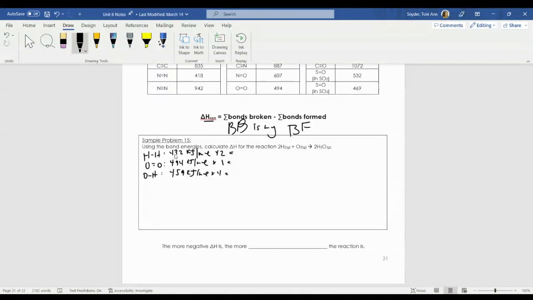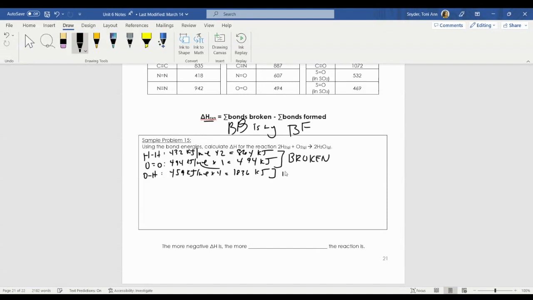So if I multiply all these numbers, 432 times 2 gives me 864 kilojoules. This one just gives me 494 kilojoules. And 459 times 4 is going to give me 1836 kilojoules.